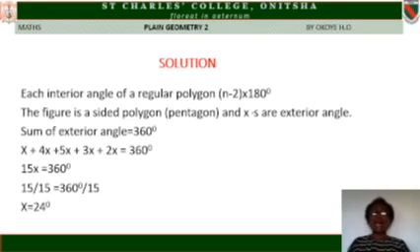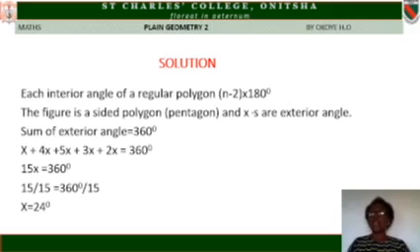The figure is a 5-sided polygon, which is a pentagon, and that x is an exterior angle. The sum of exterior angles is 360 degrees. So we are going to add all the outside angles and equate it to 360 degrees because they are exterior angles. You cannot use the sum of angles of a pentagon because these are not interior angles.